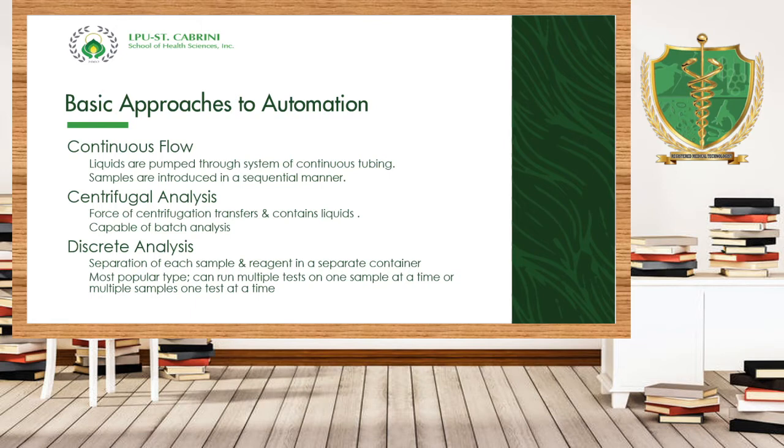Okay, so now let's go to continuous flow. Continuous flow pumps liquid through a system of continuous tubing. These liquids pertain to the reagents and the samples used in the analysis. Take note that samples are introduced in sequential order. Continuous flow ensures uniformity in the performance of tests because the same samples follow the same run, and it allows many samples requiring the same procedure.